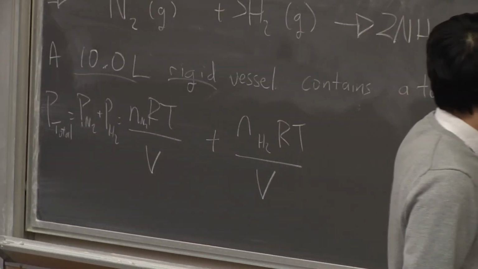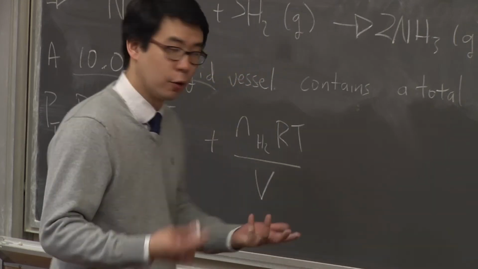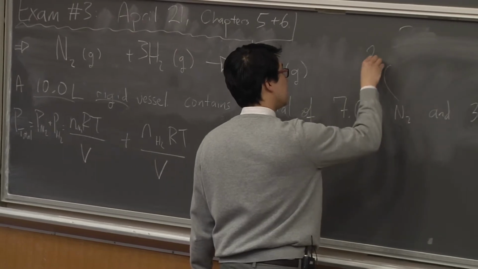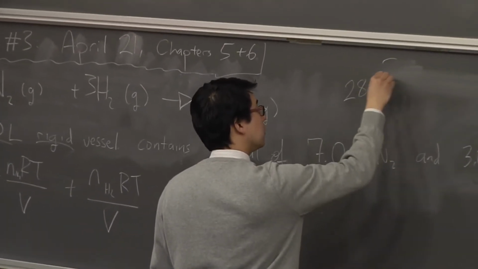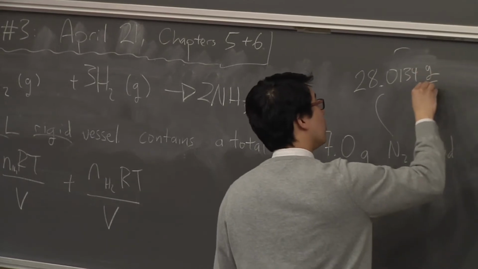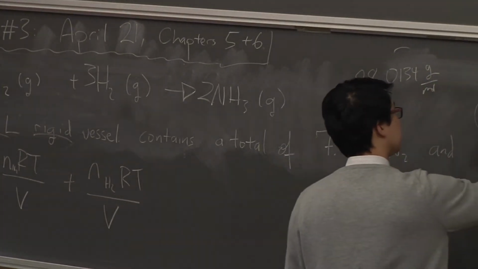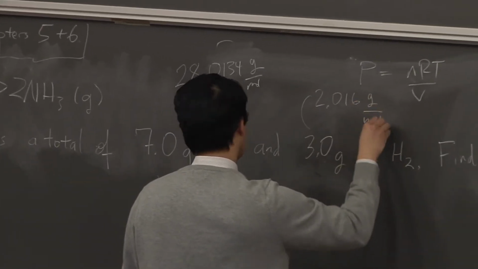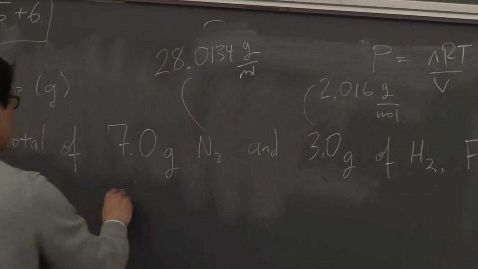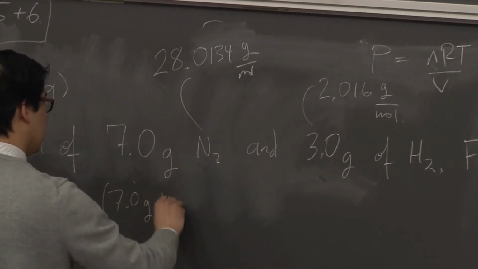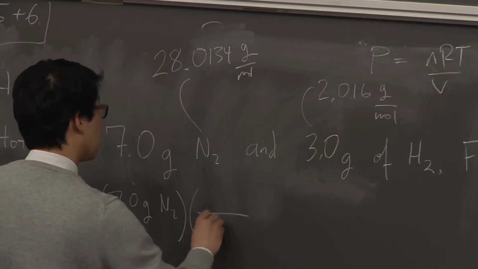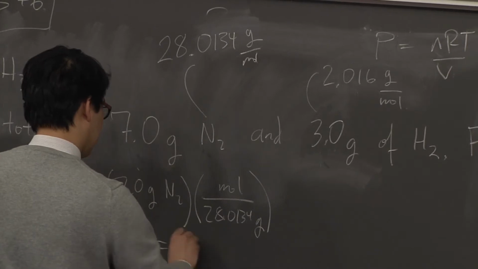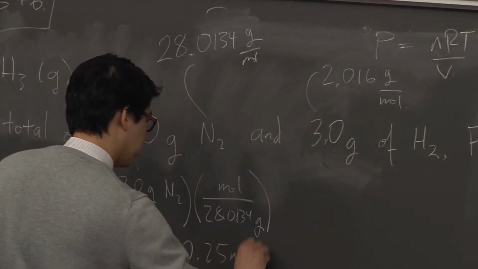So how am I going to find the moles of N2? I'm going to use my molar mass. So the molar mass of N2 is 28.0134 grams per mole, and H2 is 2.016 grams per mole. And so when I do 7.0 grams of N2 divided by 28.0134 grams per mole, I get 0.25 moles of N2.